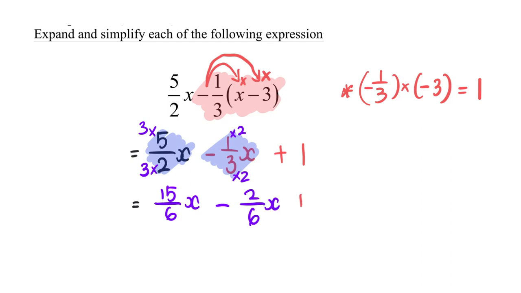Still got my plus 1. Therefore, final answer, 15 over 6 minus 2 over 6, I will get 13 over 6x plus 1. And do leave your coefficient in improper fractions.